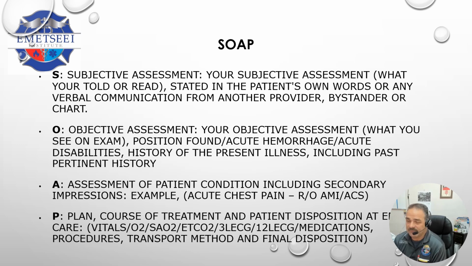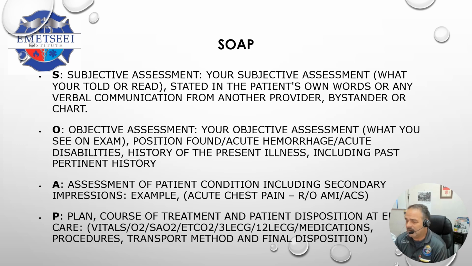The P part of it, the plan, is your course of treatment and patient disposition at the emergency department when you turn them over, or at the end of care. Also, the vital signs are on there. Make sure you include any oxygen, SaO2, and tidal CO2, both 3-lead ECG and 12-lead ECG interpretations, medications, procedures, and the transport method.